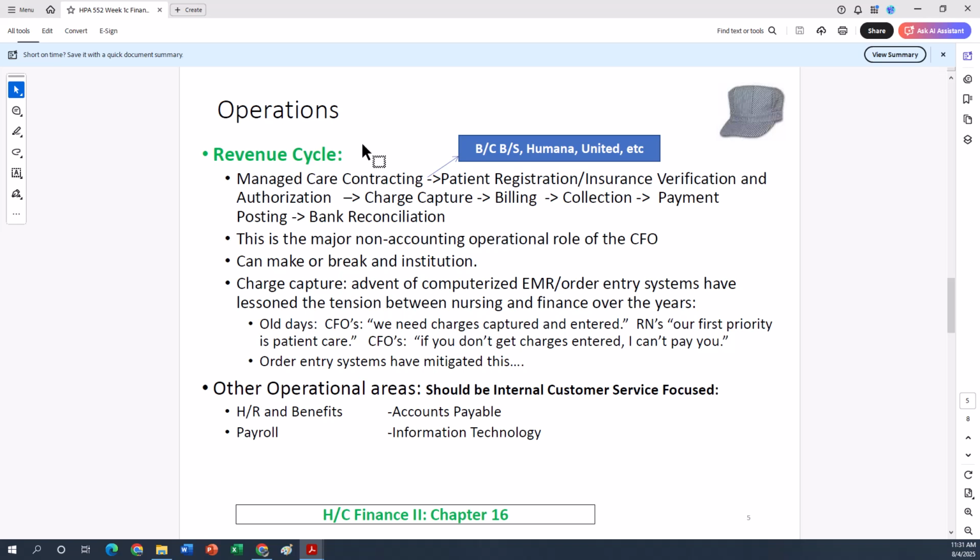In short, it's basically from managed care contracting through patient registration, billing, charge capture, et cetera, through the bank reconciliation. We're going to go into the detail of that, but this is the major operational role of the finance department.